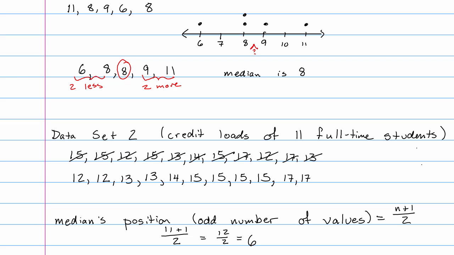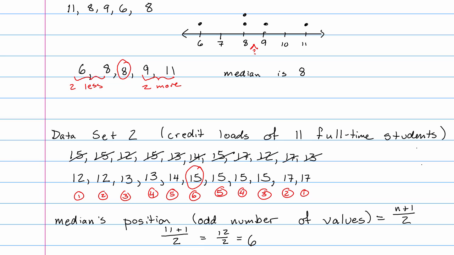1, 2, 3, 4, 5, 6. Or I could count from the other end. 1, 2, 3, 4, 5, 6. And the fact that I could count from both ends to get to the middle is why that formula works.